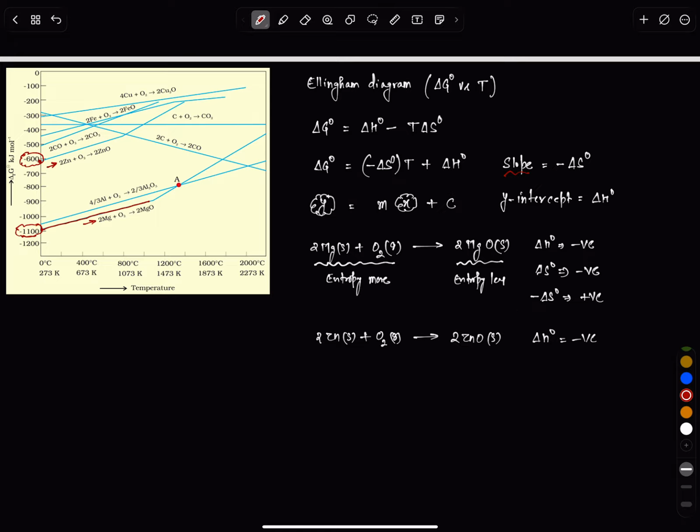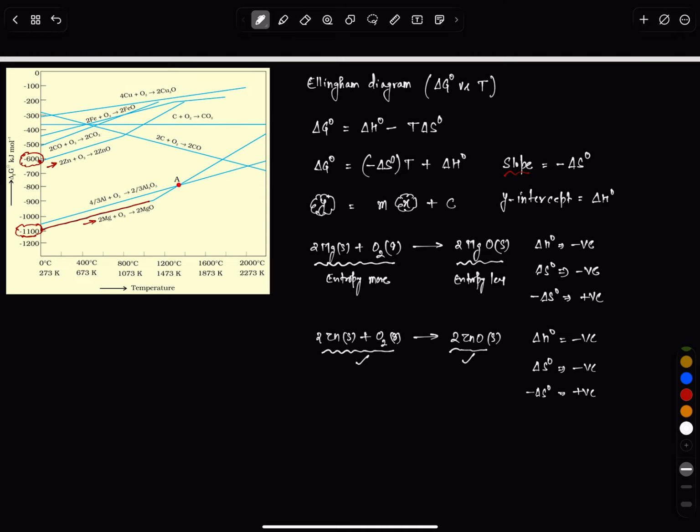So delta H naught is negative for this particular reaction. What about delta S naught? That is again using the same concept that we used above. Again, here entropy will be more and here entropy will be less. So delta S naught will be negative. And what about minus delta S naught? So it will be positive, right? So again, the slope is positive.